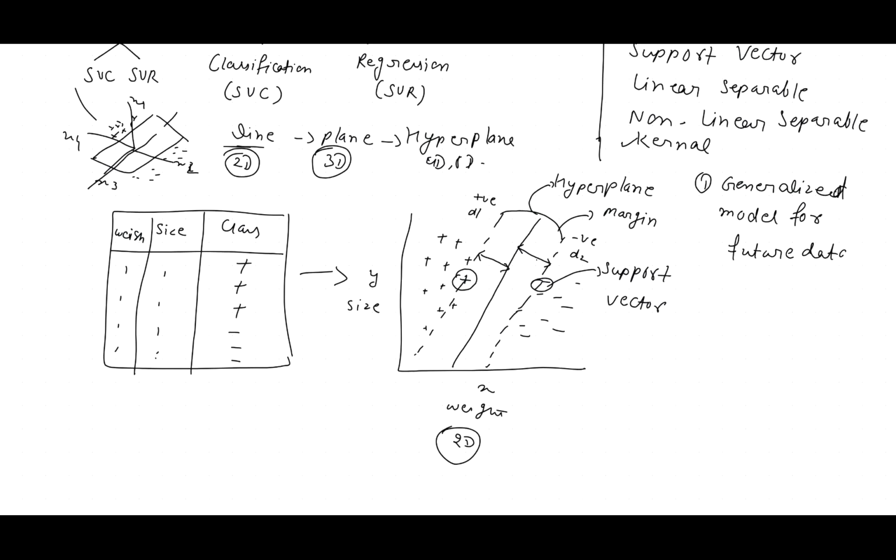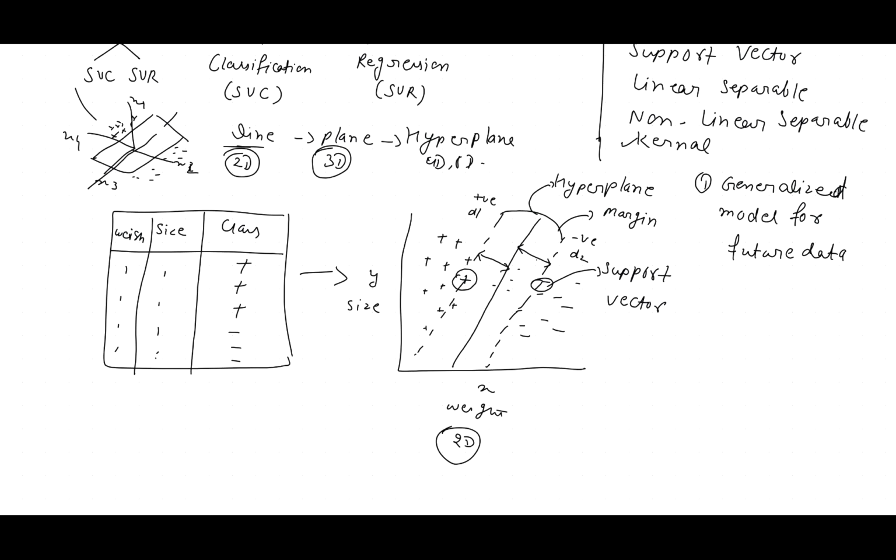What does it mean? Look at this. In simple logistic regression, you just draw this line, right? Tomorrow in a new data set, you might have data points which lie here too. It is going to be close to this one, or it might cross this one too. So this is going to be misclassified, and the model accuracy is going to reduce.